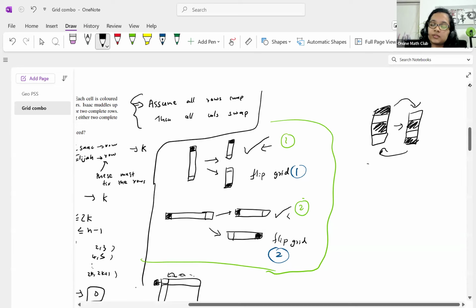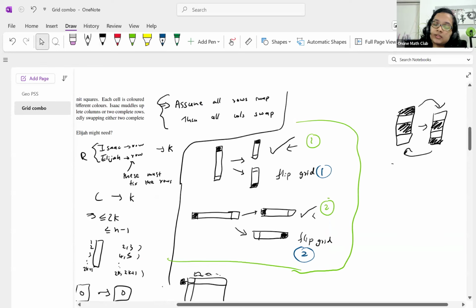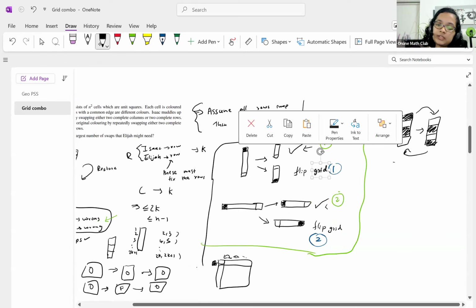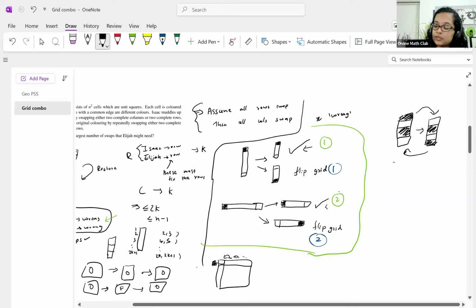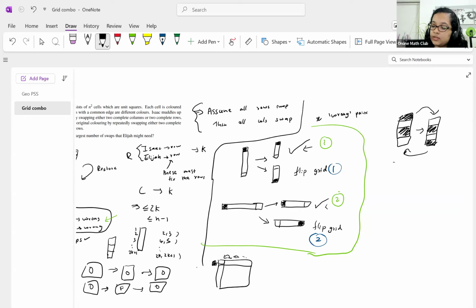So again, suppose over here you have, say, X wrong pairs. I hope it's clear what a wrong pair is by now: X black in the wrong parity and X white in the wrong parity. So if you're going back to the original, you will take X moves.